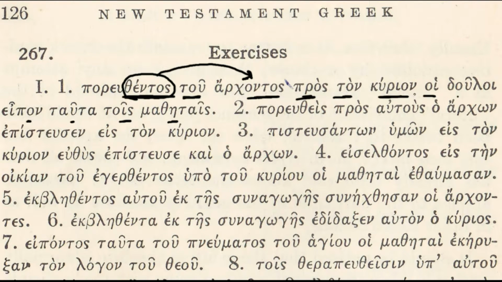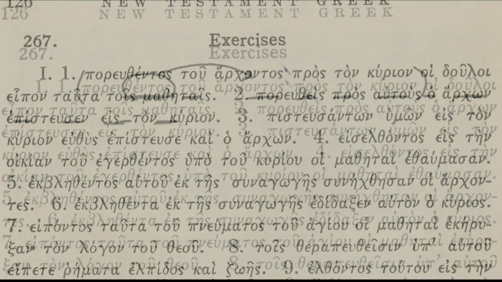So that is my genitive absolute phrase. Then hoi douloi, the slaves, eipon, said tauta, these things, tois mathetais, to the disciples. So the ruler, having gone to the Lord, the slaves said these things to the disciples.